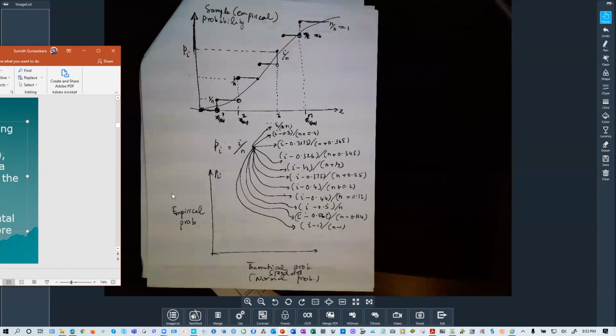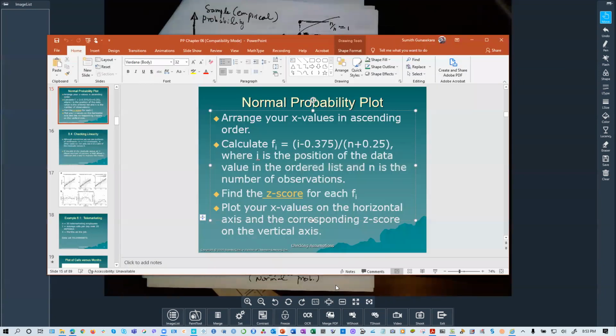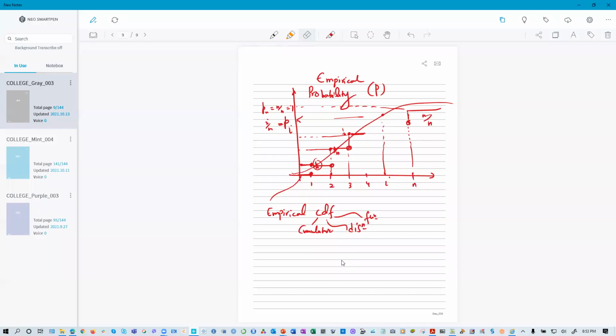These are empirical probabilities. So what are you going to do? You get the probability, and from the probability you find its corresponding quantile. If you know the probability, you can find its corresponding quantile.